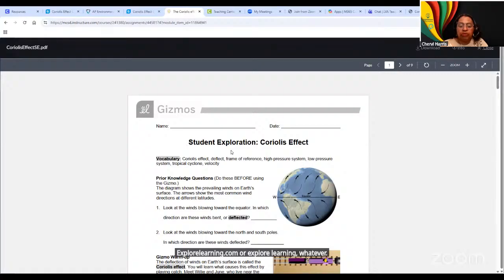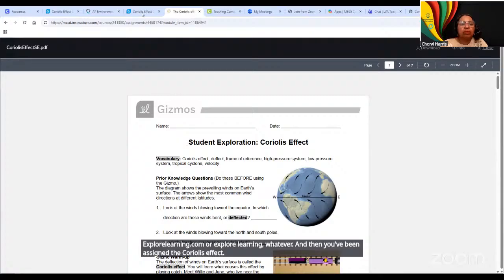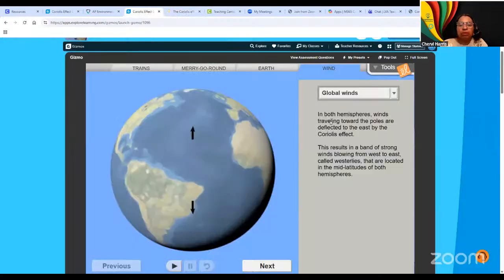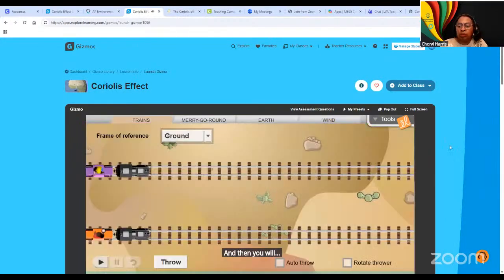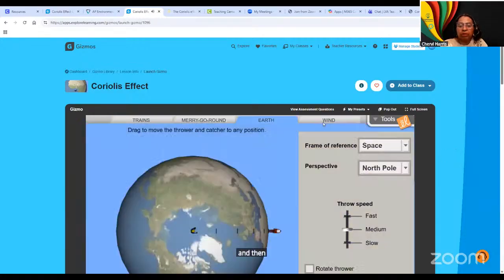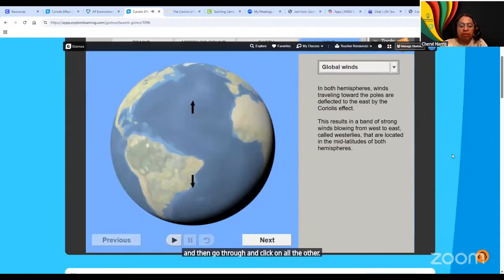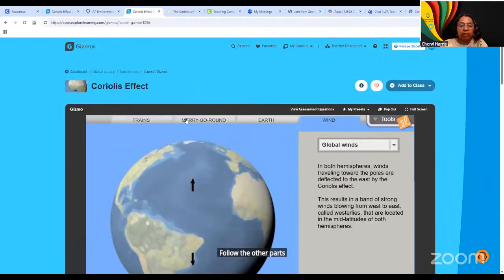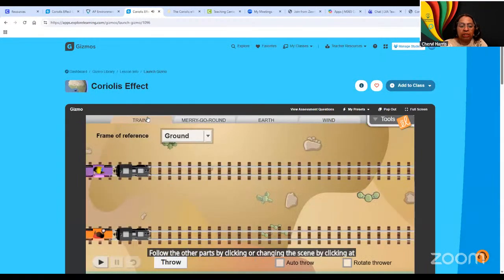And then you've been assigned the Coriolis effect. And then you will start with the warm-up activity and then go through and follow the other parts by changing the scene by clicking at the top.